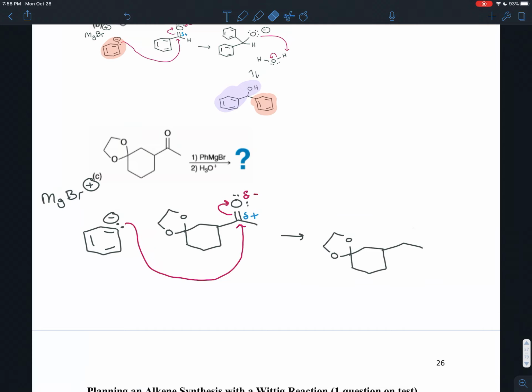So we still have the same carbon chain. The oxygen is only attached by 1 bond now. It has 3 lone pairs and a full negative charge. And on the other side, we have this phenyl ring bonded, the benzene ring. So we have that there.